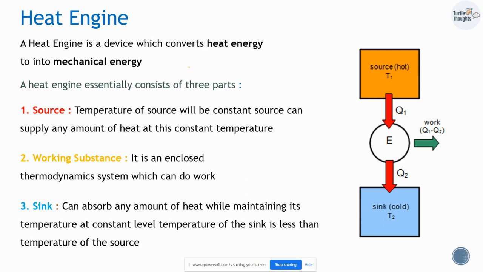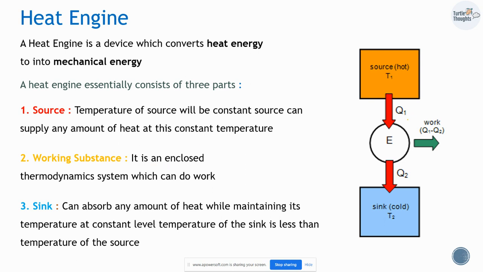The working substance is an enclosed thermodynamic system which can do work. The sink can absorb any amount of heat while maintaining its temperature at a constant level, and the temperature of the sink is always less than the temperature of the source.